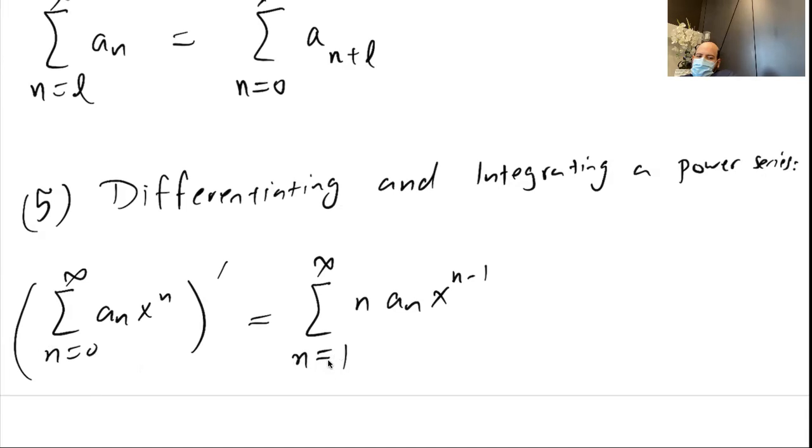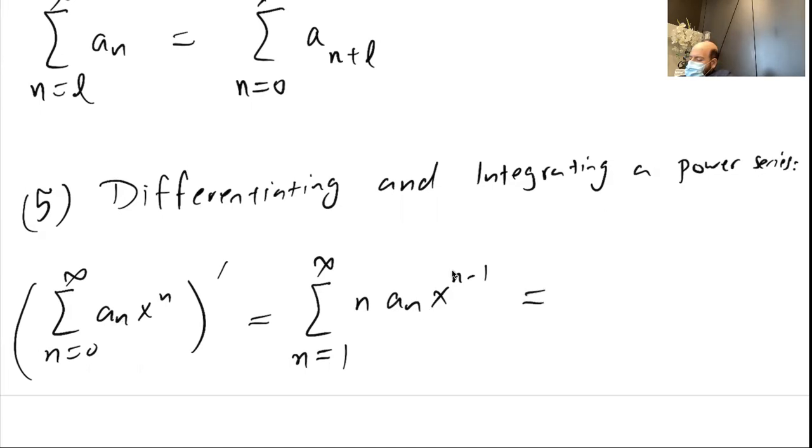Even if I say 0, then 0 times anything is 0, so I can start the index from 1, because the derivative of x to the power n, from Math 113, we know is n x to the power n minus 1, and a_n is a constant.